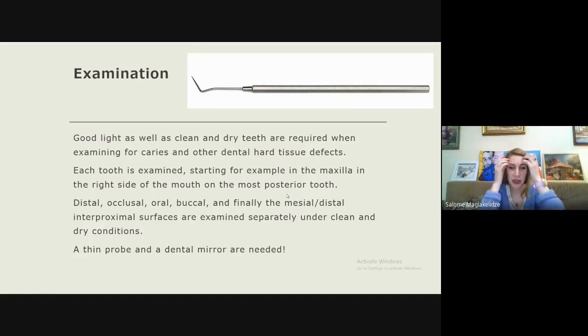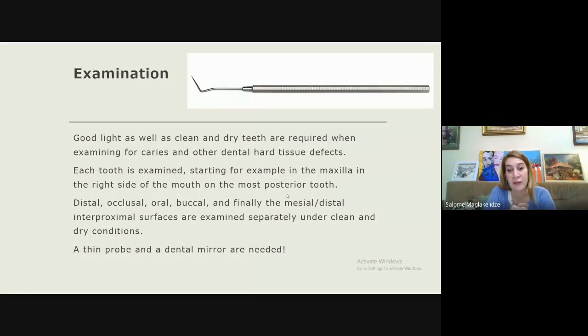This is always good when you are charting, when your assistant is describing all the teeth, and you can dictate to your assistant which teeth are affected with caries. You examine all the surfaces of the tooth, starting from the distal, occlusal, maybe oral, buccal, or mesiodistal surfaces.